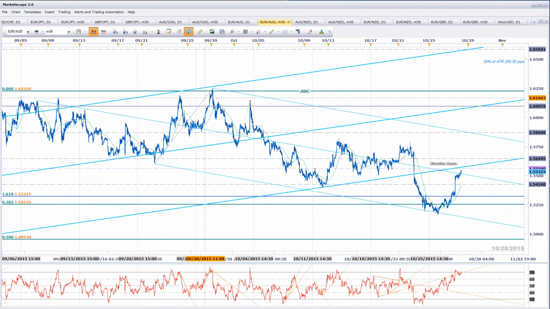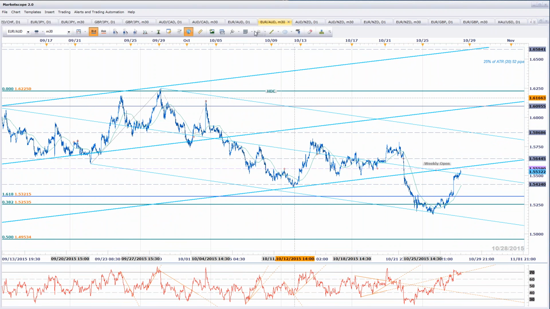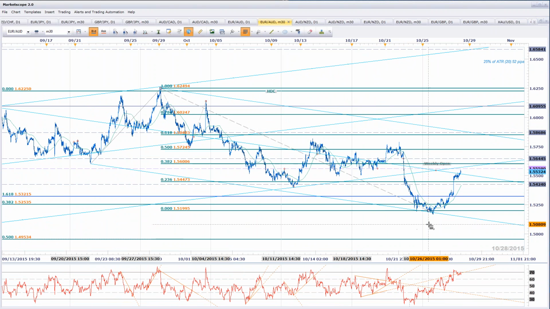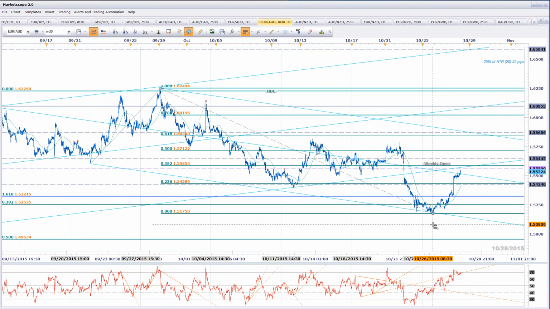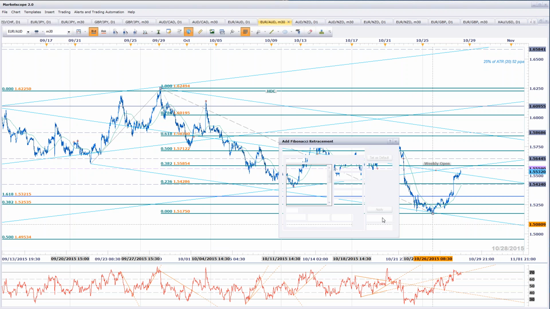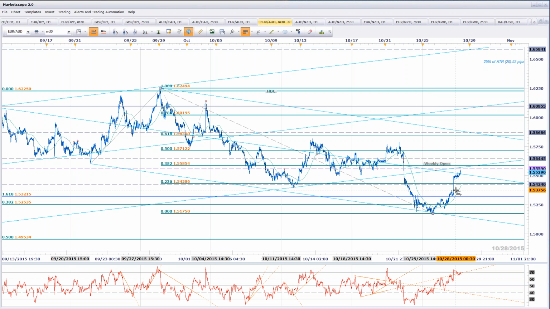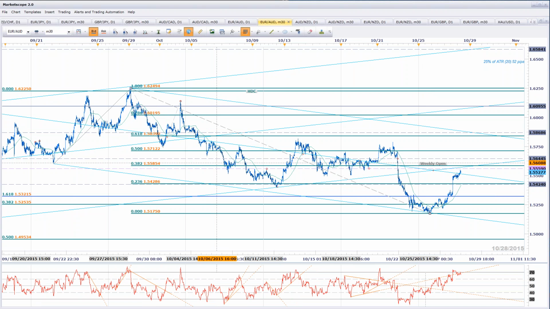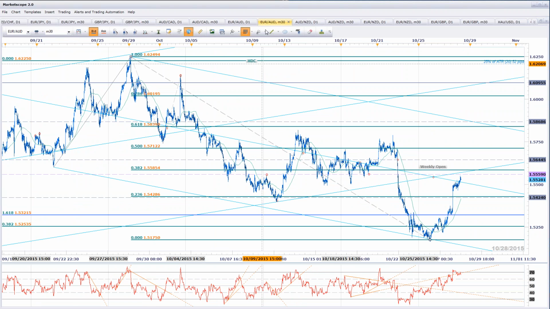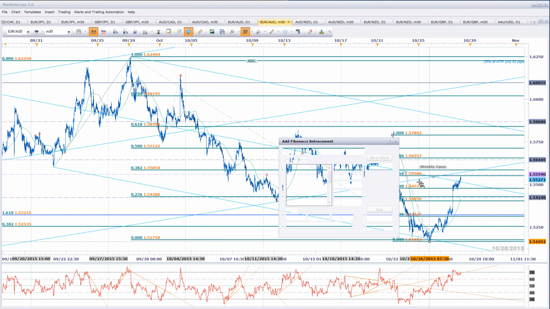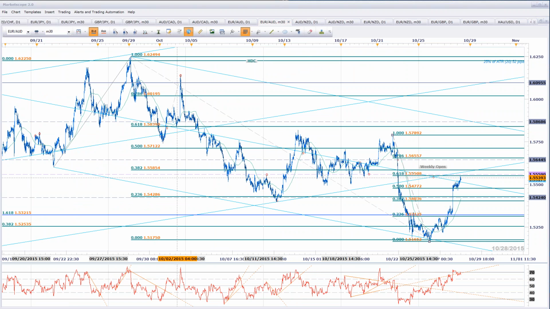And just for argument's sake, if we tack on a quick retracement off the highs, bear with me just one sec, guys. This is going to get messy. I just want to see this real quick. Yeah, that's what I thought. It's the exact 618. So let's work with this for now.